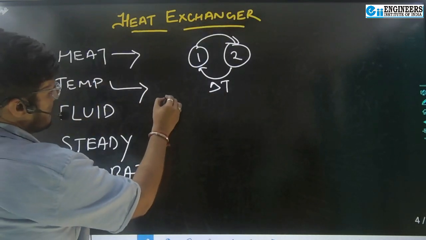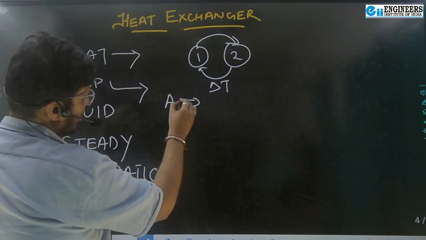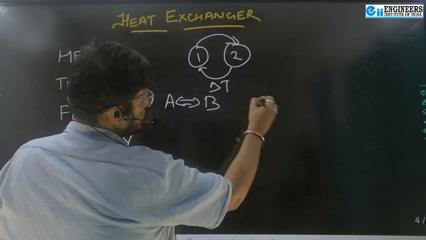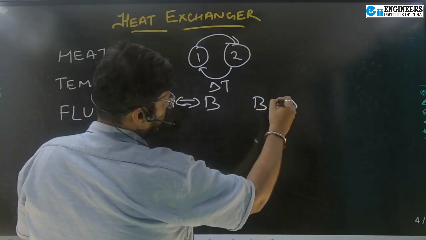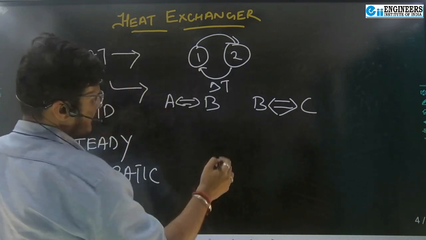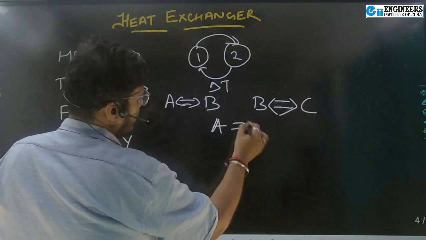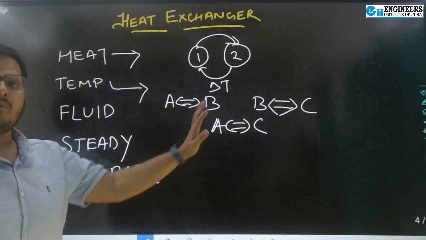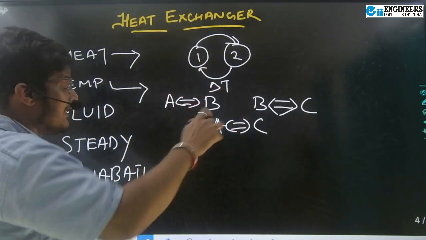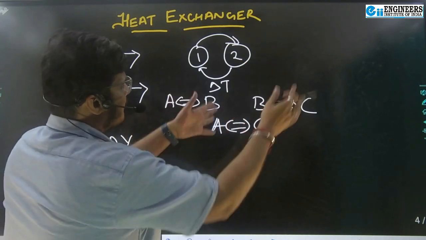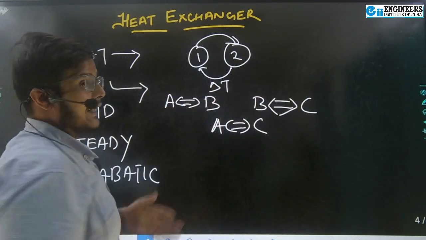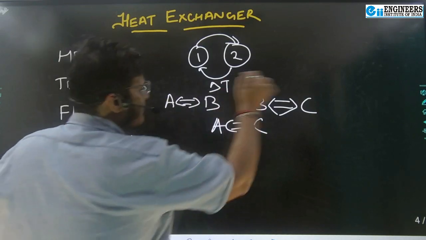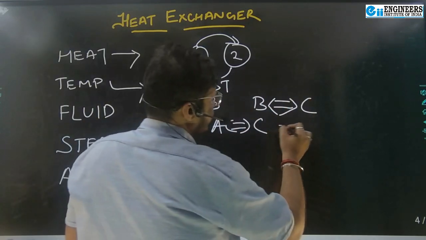Suppose there is a system A which is in thermal equilibrium with system B, and system B is in thermal equilibrium with system C. That means system A will be in thermal equilibrium with system C. This is what we recall from the 0th law of thermodynamics. Here, if the equilibrium between these is thermal equilibrium, then the property which remains the same for them is temperature.